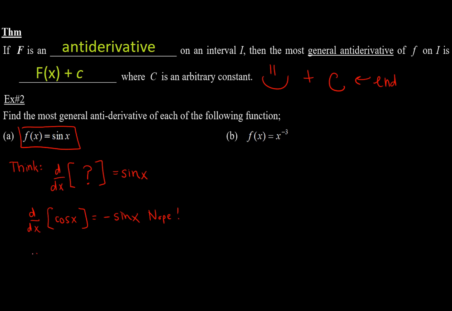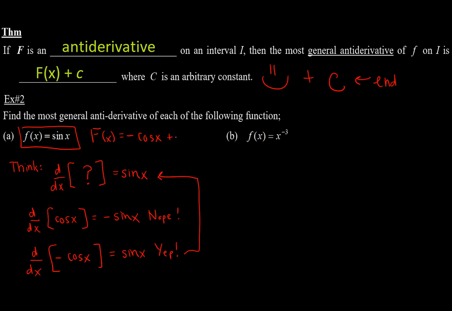Okay. So that means that we need to get rid of a negative sign, because a negative sign will give me a positive sign. So what about the derivative of the negative cosine of x? Well, yeah, if we take the derivative of that, that does give us the sine of x. So that works. Therefore, capital F of x is going to be the negative cosine of x.